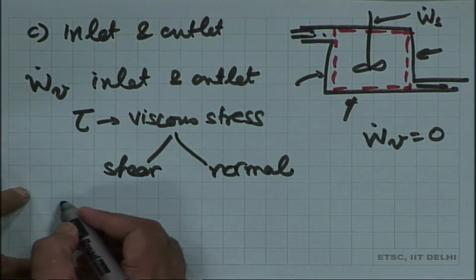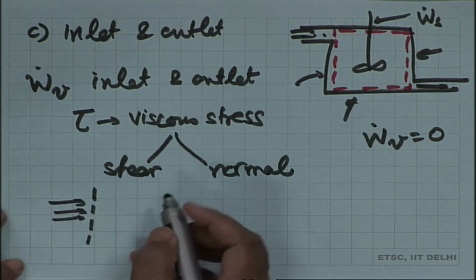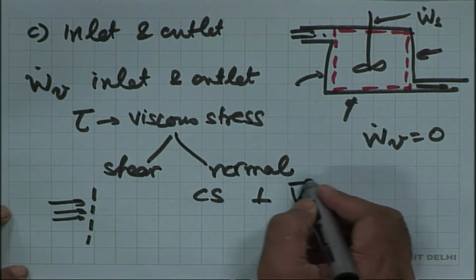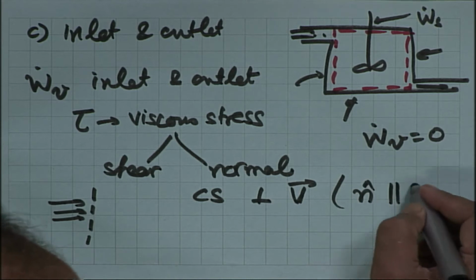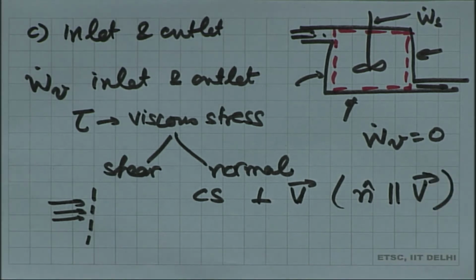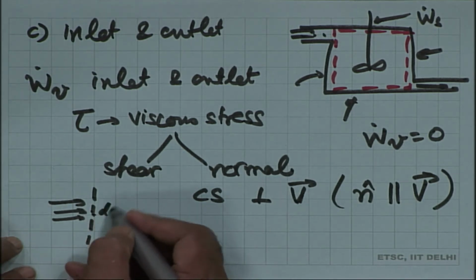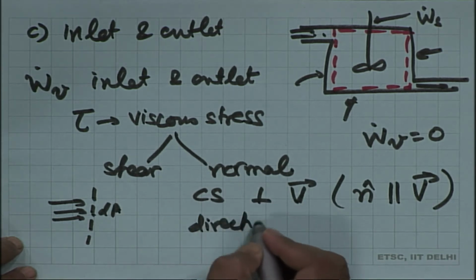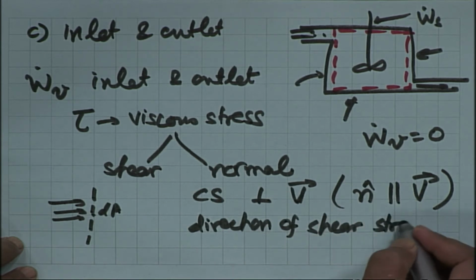Now, if this is how the flow is coming and the control surface is perpendicular to the velocity, that is, n is parallel to V or parallel to minus V, then on this surface, if this is dA, what is the direction of shear stress?